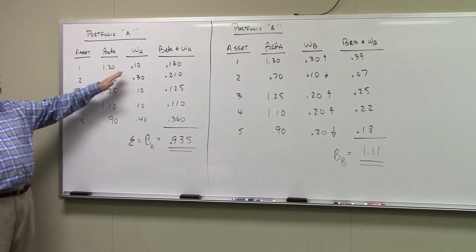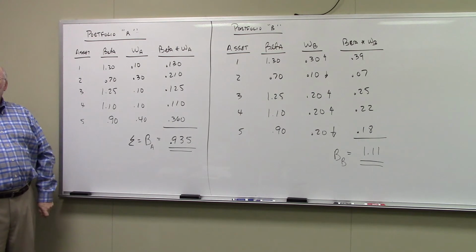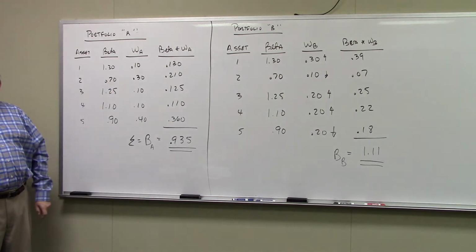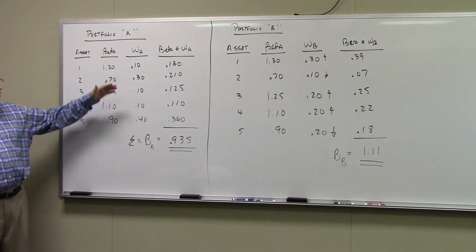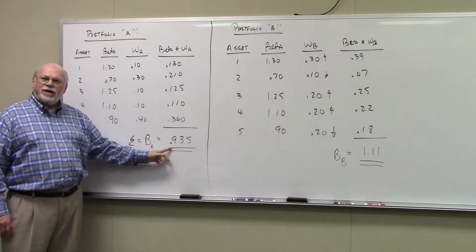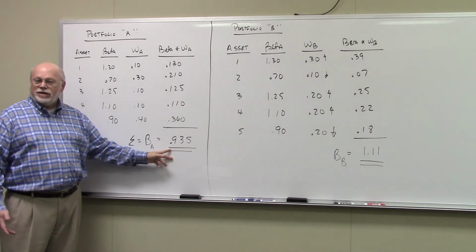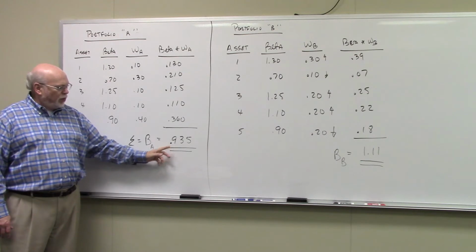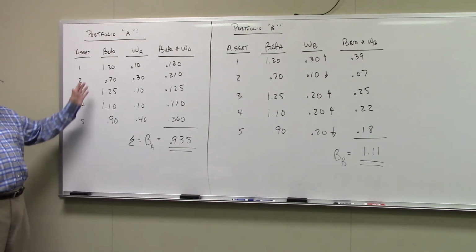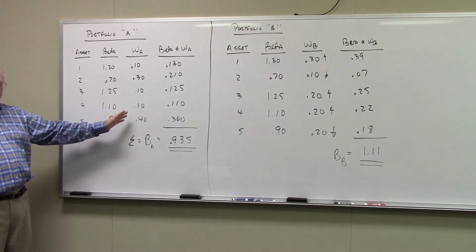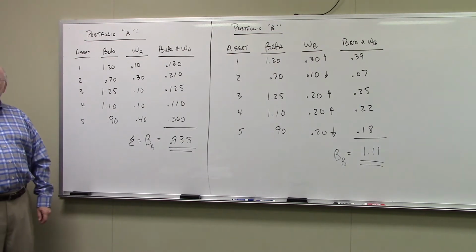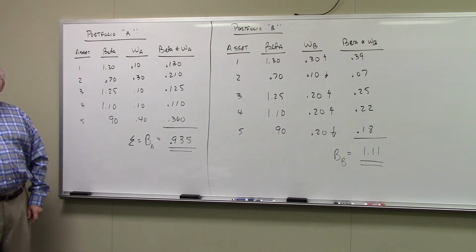So 1.3 times 0.1 is 0.130. 0.7 times 0.3, 0.21, so on and so forth. You sum the products, these things here, and this is the beta of the portfolio in this case, 0.935. So this particular portfolio, given its assets and the betas of those assets, is taking on 93.5% of the risk of the market.